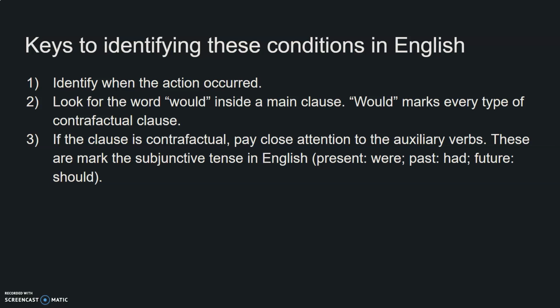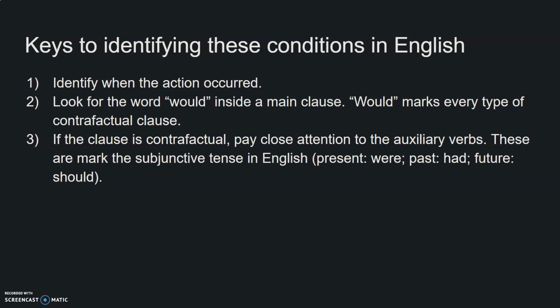Next, just something you can pay attention to. If it is a contrafactual clause, once again, pay attention to those auxiliary verbs because they mark English subjunctives. So once again, present, if I were, past, if I had been, future, if I should do this thing, I would be happy, as an example. Were, had, should. And once again, this is just something to practice.